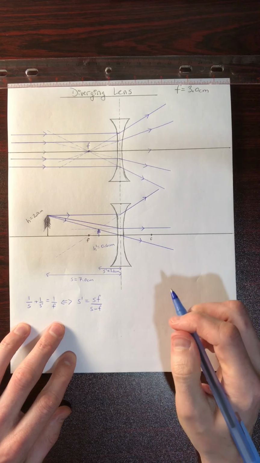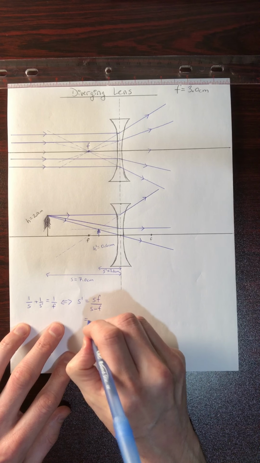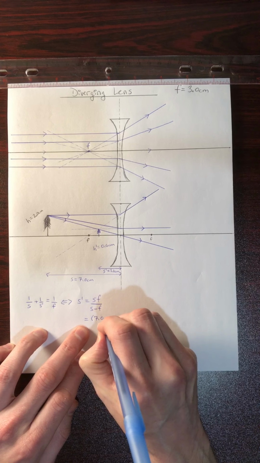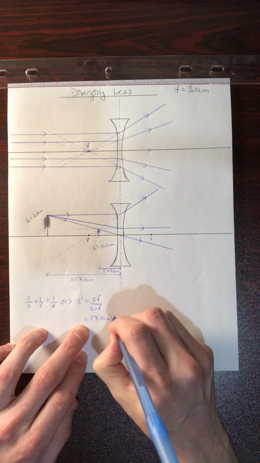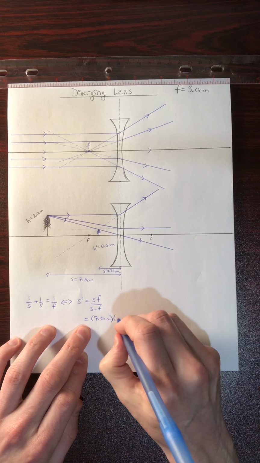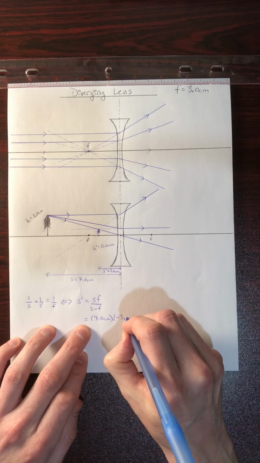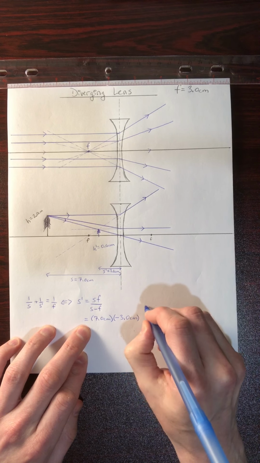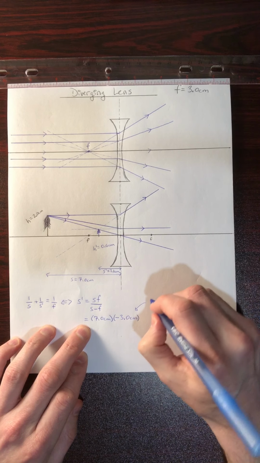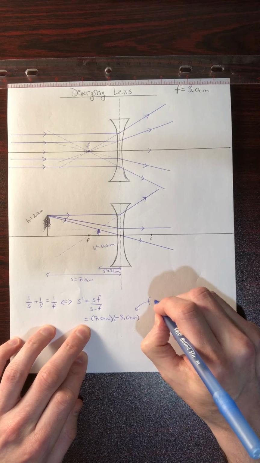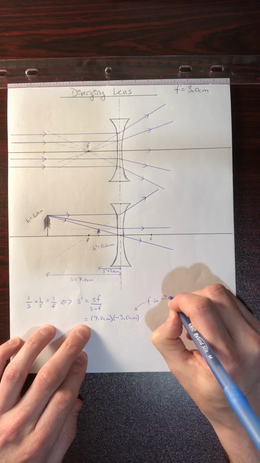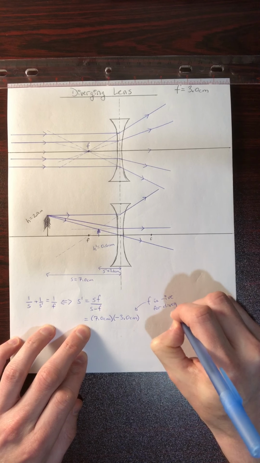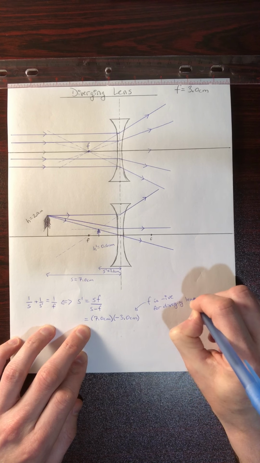Okay, so here we're going to have S, well that in this case is going to be 7 centimeters. And then we have our focal length. And this is going to be slightly different for the diverging lens. So in this case, F is written as negative for the diverging lens case.